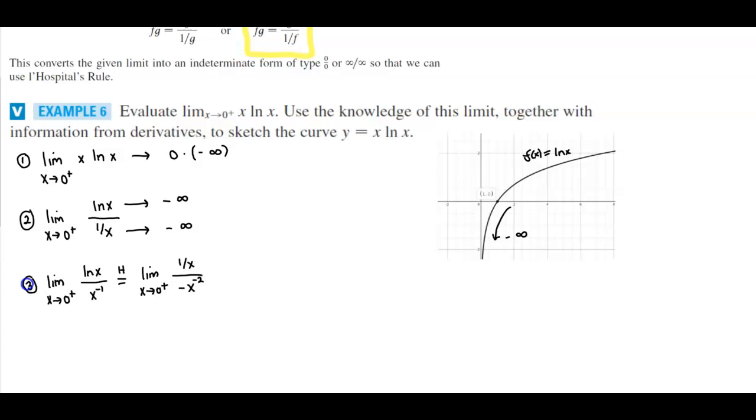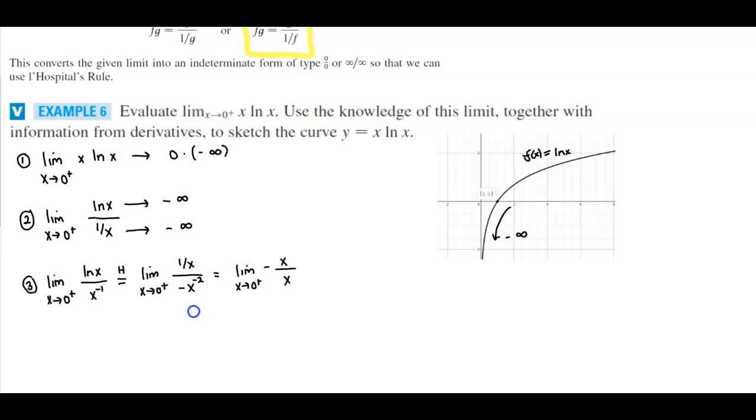If we want to rewrite this, the x to the negative 2 is going to be in the numerator, and this 1 over x now becomes x in the denominator. So by simplifying this a little further, we have the limit as x approaches 0 from the right, of 1 over x, and then negative x to the negative 2 in the numerator.